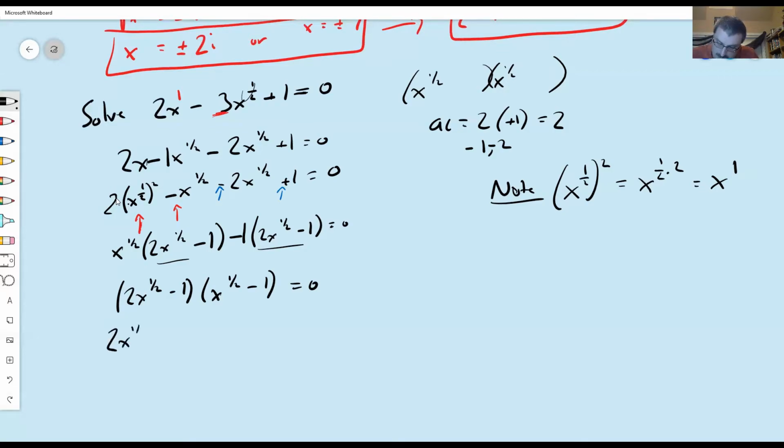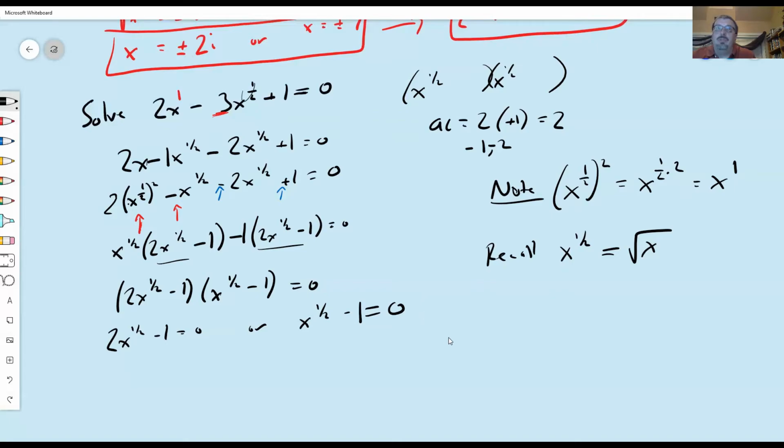So 2x to the 1/2 minus 1 equals 0, or x to the 1/2 minus 1 equals 0. Again, recall, we said last chapter, x to the 1/2 is the square root of x. You may find it easier to solve this by putting in square root of x instead of x to the 1/2.